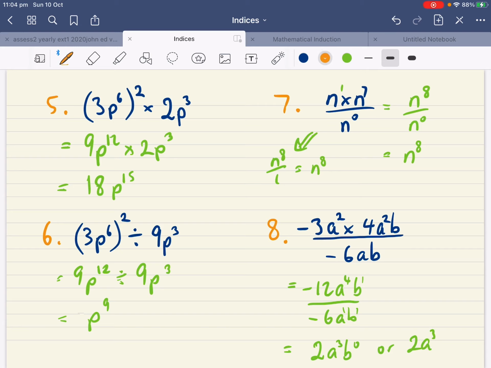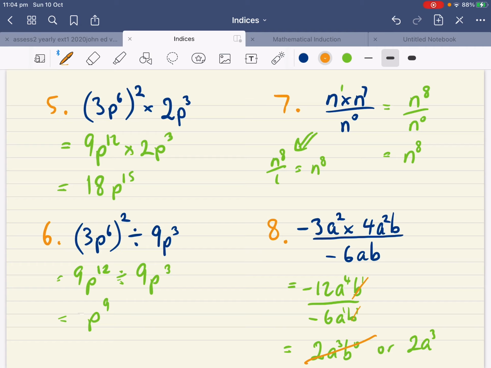Some people might have even looked at that and cancelled the b's, and that's totally cool as well. Again, giving you just 2a cubed. And in actual fact, I would say, because we've already covered index law number 4, you probably really shouldn't leave the b to the 0 there. You really should be simplifying that down to just a 1. So 2a cubed.